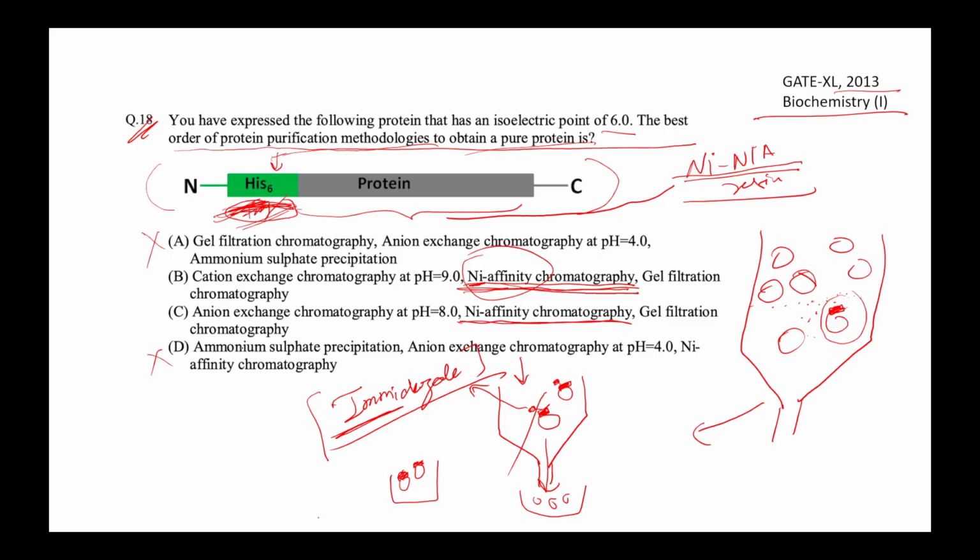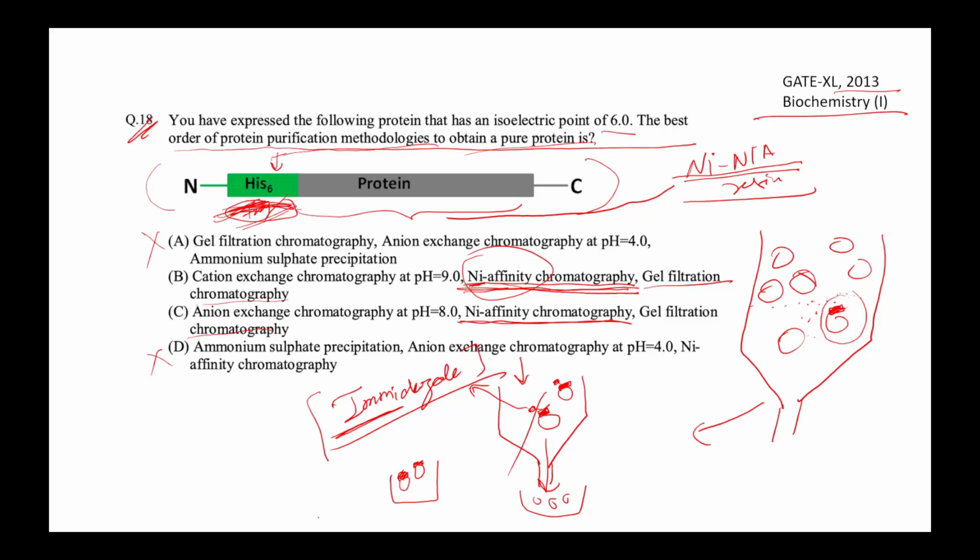Now out of these 2 we have to find which one can be used. The combination is the same: nickel affinity chromatography and gel filtration chromatography, which is the separation of protein based on the size of the protein.